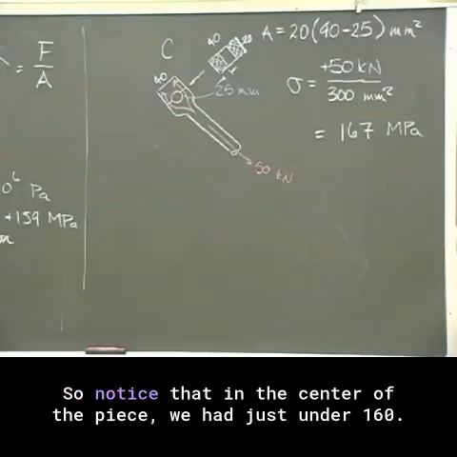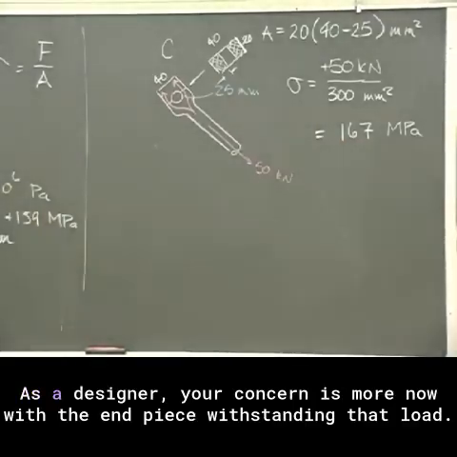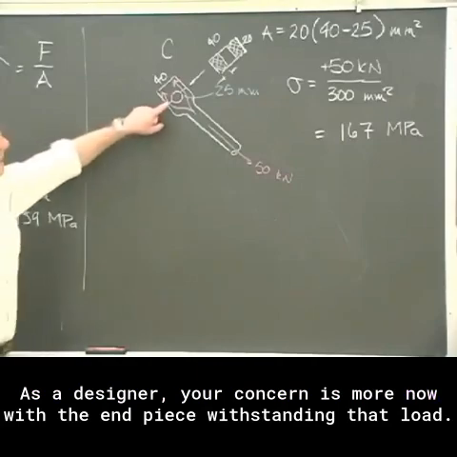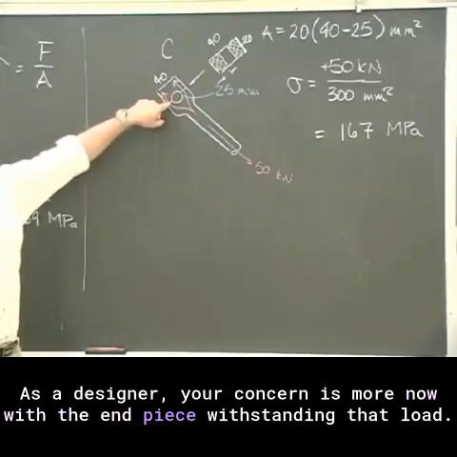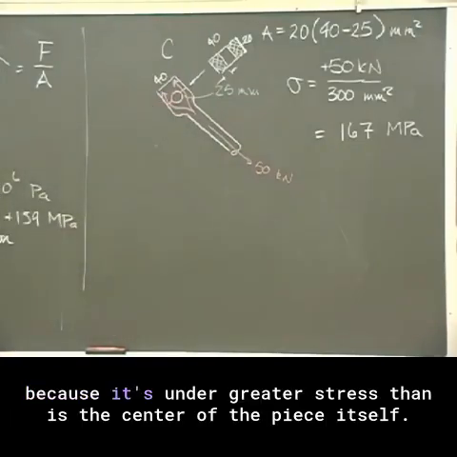So notice that in the center of the piece we had just under 160. Now we've got somewhat over 160. As a designer, your concern is more now with the end piece withstanding that load, because it's under greater stress than is the center of the piece itself.